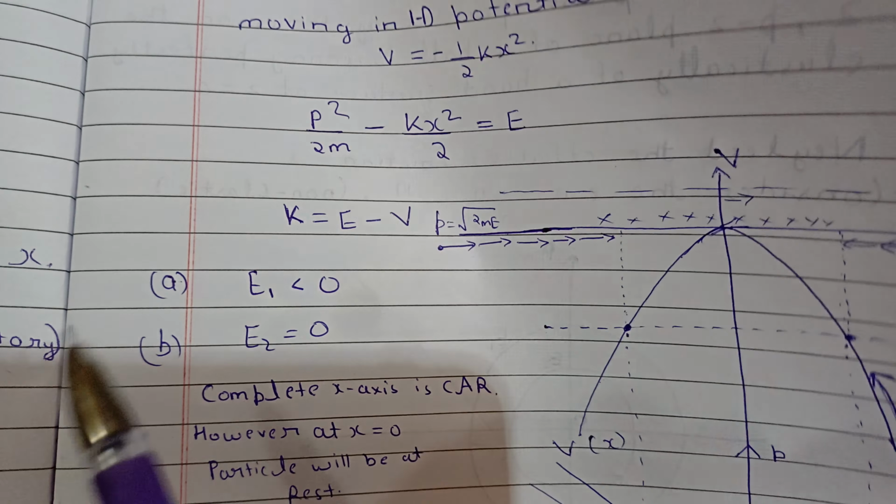As it is moving in this direction, we will see that potential is increasing, then kinetic energy will be decreasing, sorry, momentum will be decreasing with the kinetic energy. And so the curve will be like this.